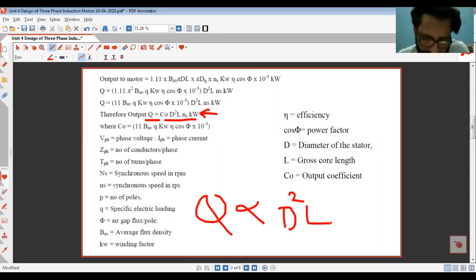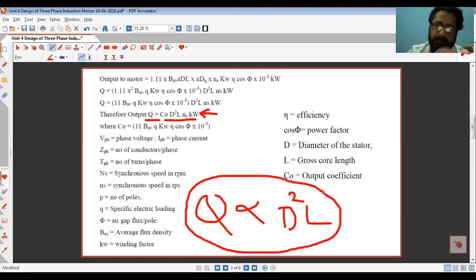It means that the more the volume of a machine, the more its output power. If a customer wants two machines, one of 10 kilowatt and second of 20 kilowatt, then the machine with 20 kilowatt has more volume than the one with 10 kilowatt.